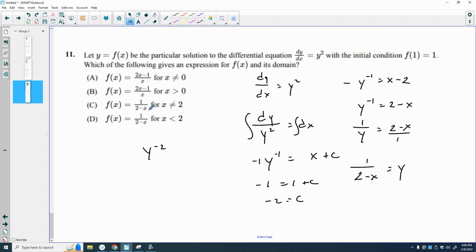This is when x is not equal to 2, because that can't be equal to. But my initial condition says that when x is 1, y is 1. And so my solution to question number 11 should be letter D, because my initial condition satisfies that condition there. And if x is less than 2, then it's also not equal to 2.